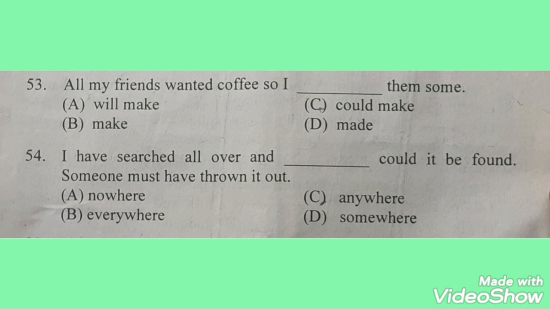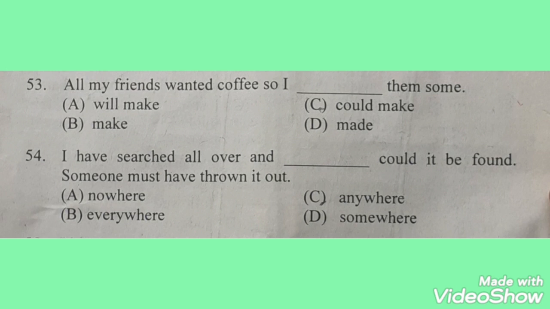You're right. If you've said nowhere, you're right because someone has lost something and has tried his best to get it back, but he couldn't find it. Everywhere, it's just searching, but nothing found.